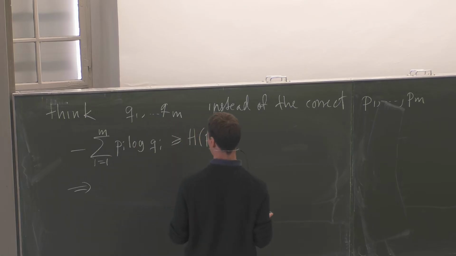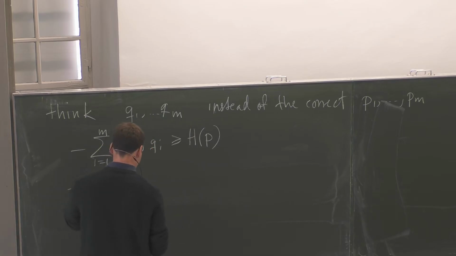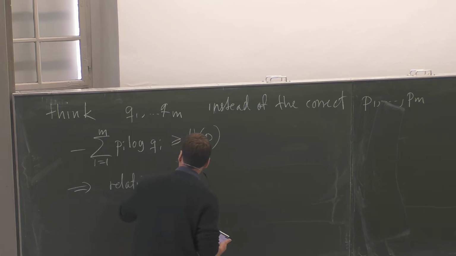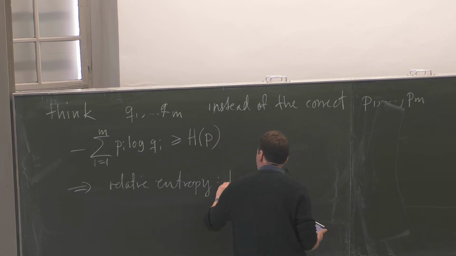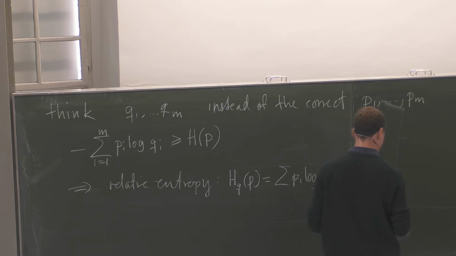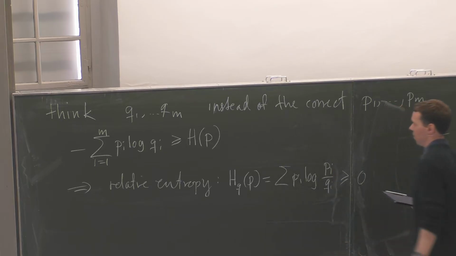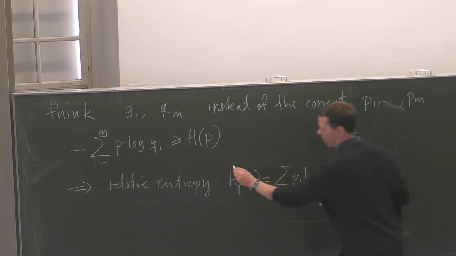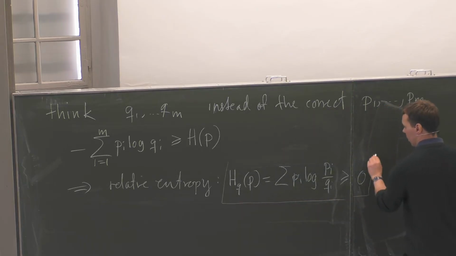Okay. And if you redo this a little bit, you take this inequality and move one term over to the other side, you get an inequality related to relative entropy: the sum of p_i log of p_i divided by q_i is always greater than or equal to 0. In information theory, or information geometry, this is called a divergence.